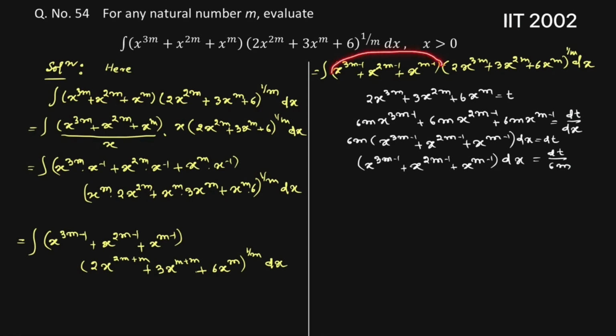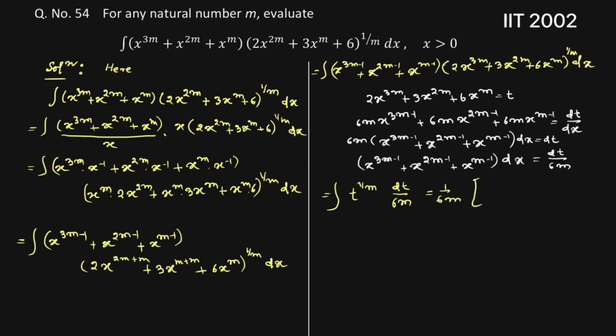Now in the place of this with dx, we are able to write dt by 6m, and in the place of this we write t. Then this integration we are able to write as integration of t to power 1 by m dt by 6m, which is equal to 1 by 6m.